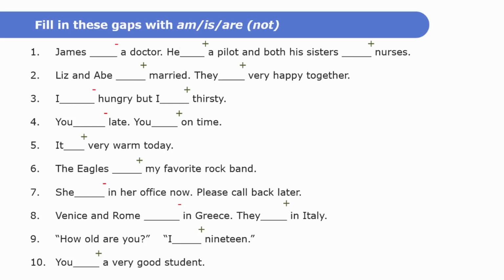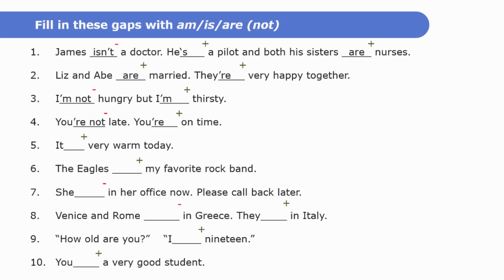Number 1, James isn't a doctor. He's a pilot, and both his sisters are nurses. Number 2, Liz and Abe are married. They're very happy together. Number 3, I'm not hungry, but I'm thirsty. Number 4, you're not late, you're on time.